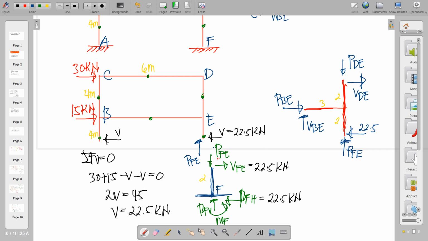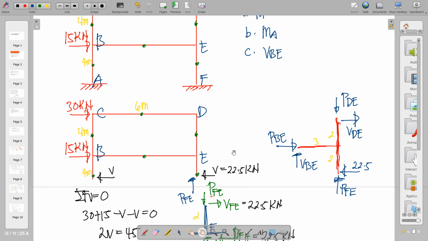Okay, so portal method horizontal force. So we can actually get this right away by using the upper portion. See, we consider this portal, the upper portion. This is V, and this is V, and this is 30. Therefore, obviously, this is 15, right?